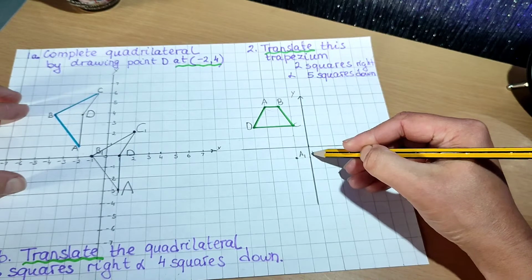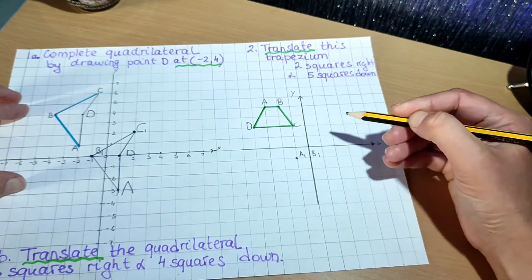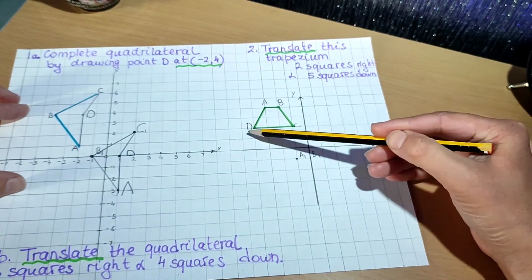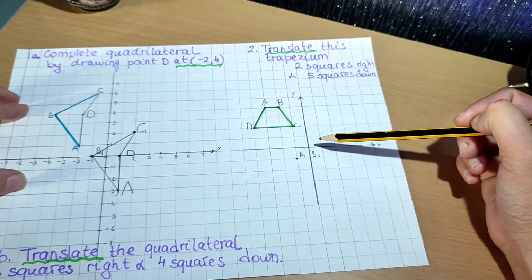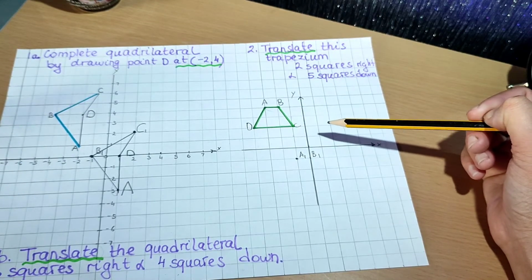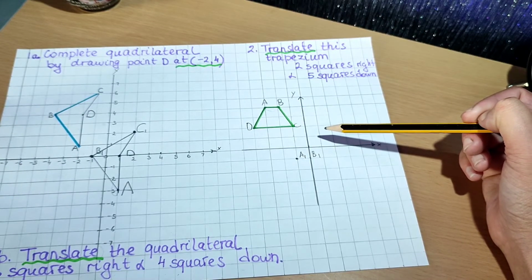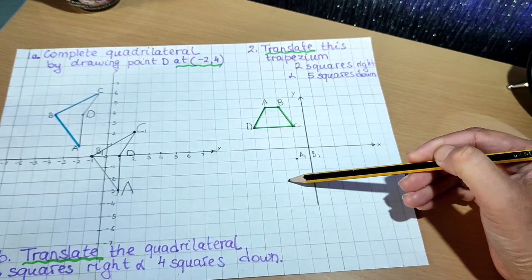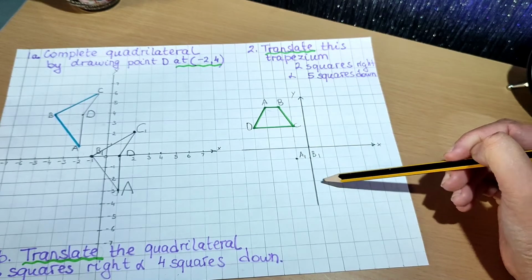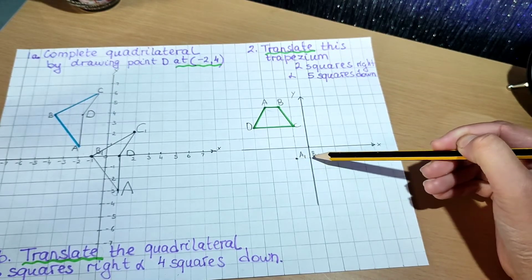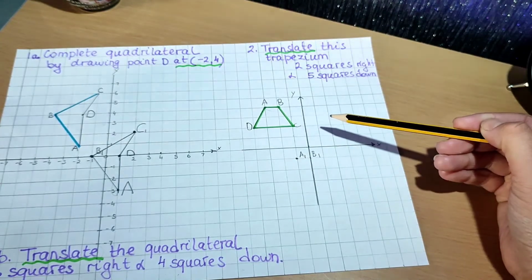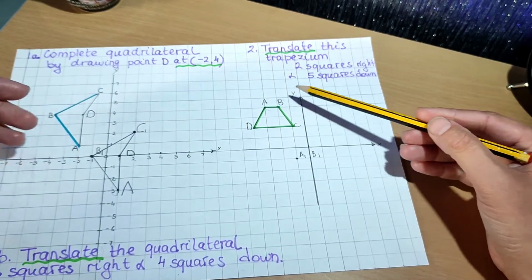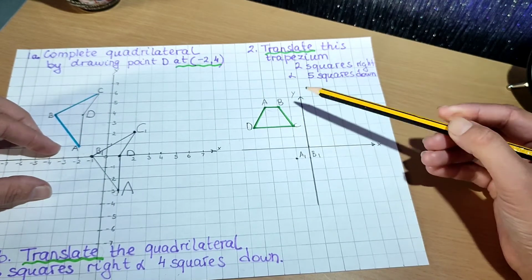Okay, this is B1. You can move every single point if it is easier for you, or if you could see how the trapezium is going to go. Can you see? I can see it's going to go that way now. I can just draw it from these 2 points, but if you are not quite sure, then move every single point.